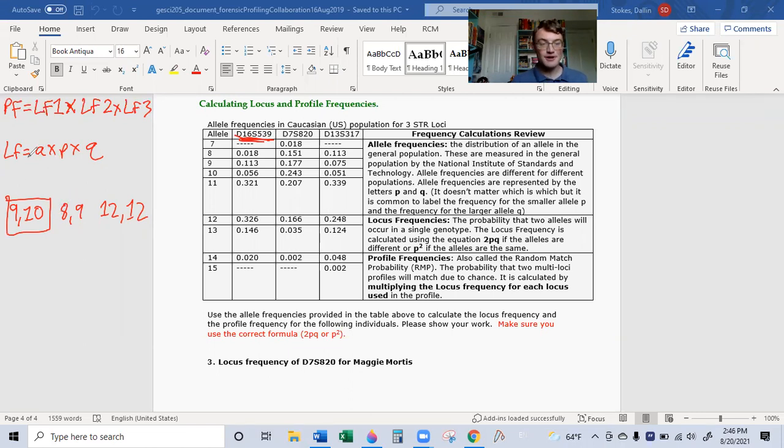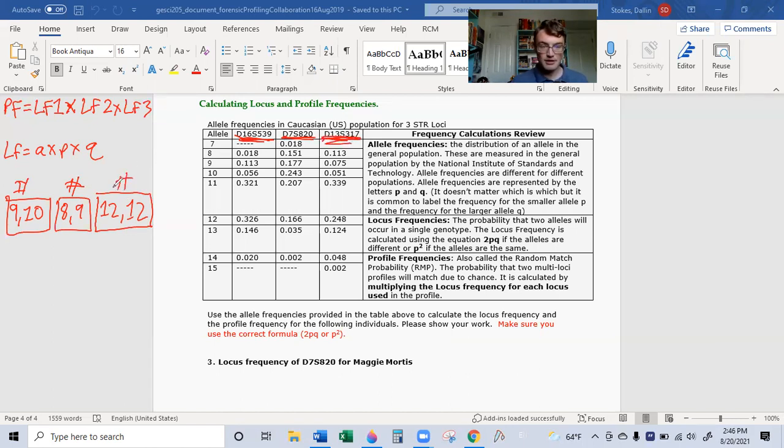That will give you a number. Then you'll do it again, but for an 8-9 combo at D7, and you're going to come out with a locus frequency here. Then you're going to do it again for the locus frequency of having a 12-12 combo at D13.